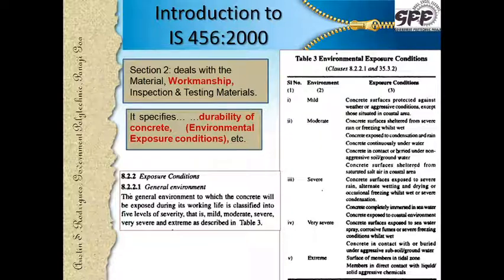In Goan condition, it does not appear to be a mild environment because concrete surfaces are hardly protected against weather or aggressive conditions. In Goan region, we have the water bodies, we have the rivers and the oceans almost within 5 kilometers to 10 kilometers from the structures.